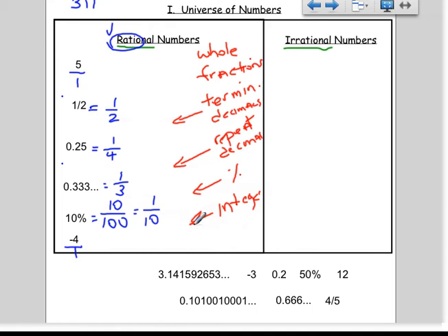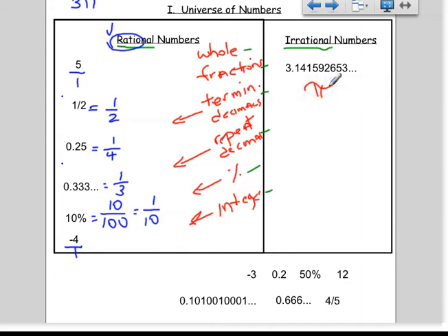There are a couple numbers here that cannot be expressed as a ratio. They're not whole numbers, fractions, terminating decimals, repeating decimals, percents, or integers. The first example is a number you might recognize, 3.14159265535, and the number keeps going. Hopefully you recognize that this is the first several digits of the number pi.